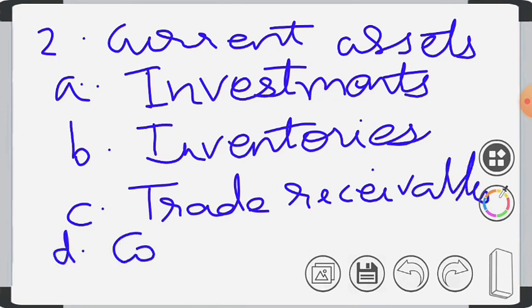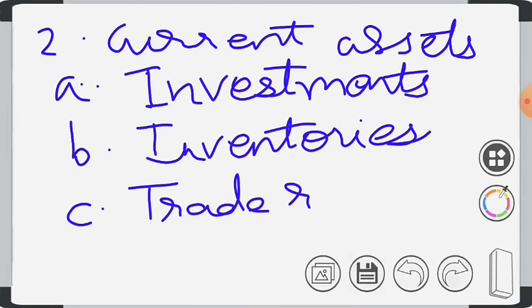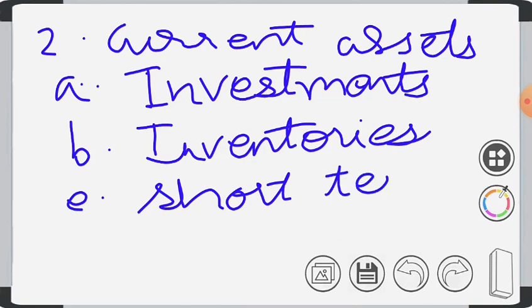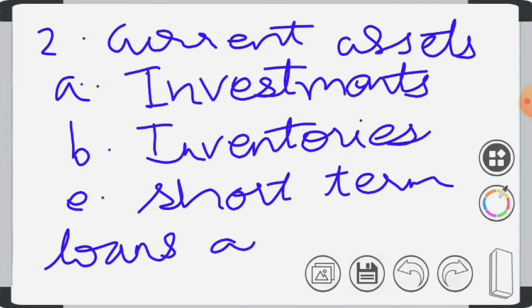D would be cash and cash equivalents. And E would be short term loans and advances.